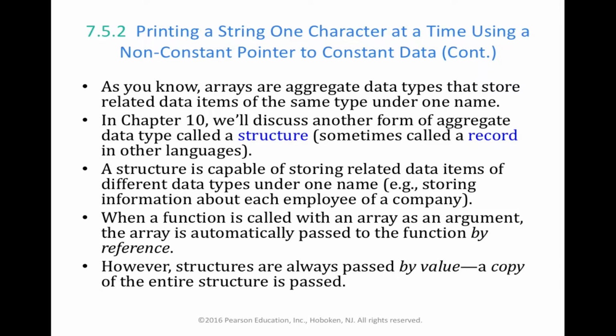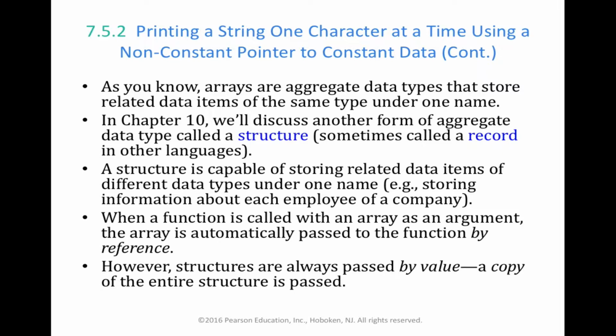For example, we might store information about an employee at a company, so there might be an integer for an employee ID, a string for a last name, a string for a first name, parts of an address, a string for a zip code, a number of years they've worked with the organization, and a double or a float for payroll, for hourly rate, or something like that.